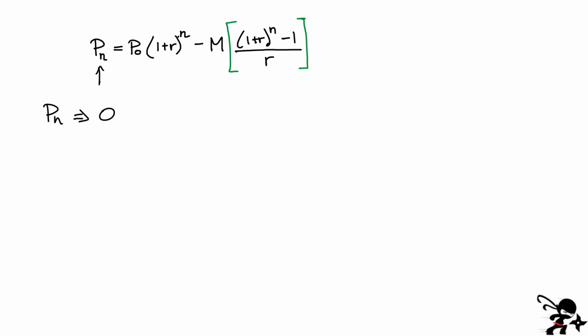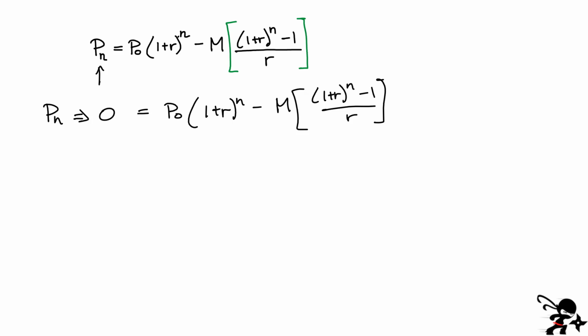So we're going to have 0 equals, again, this whole right-hand side of this expression, minus m times 1 plus r to the nth power minus 1 over that monthly interest rate. Okay, my goal now is to solve for what is my monthly payment that is going to make this happen. Okay, so let's go ahead and now do some algebra.